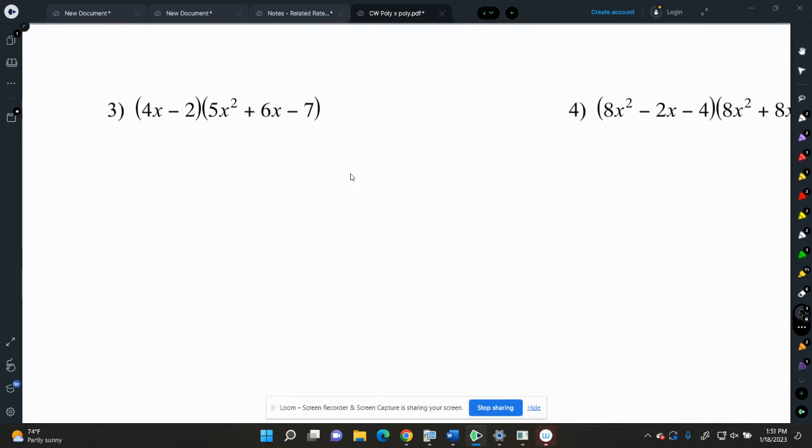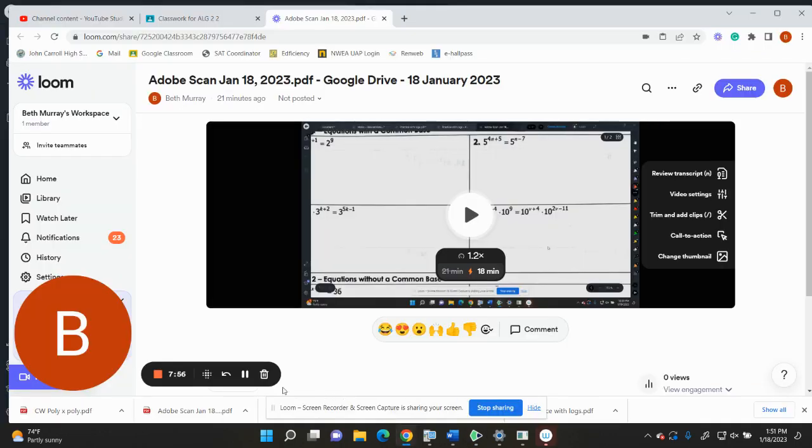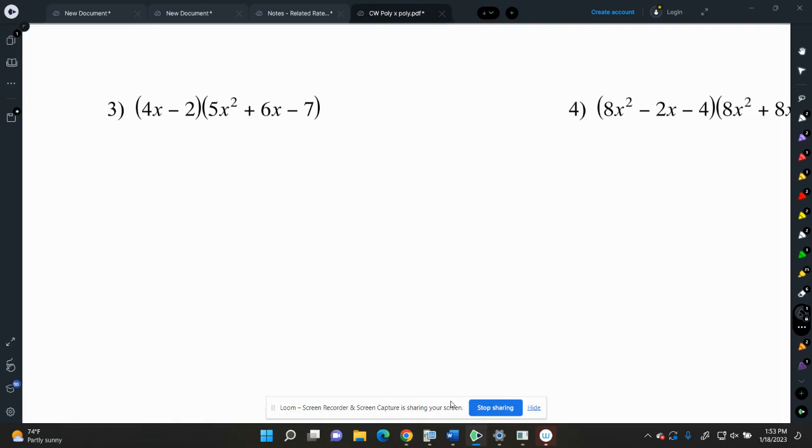Go ahead and do number 3, and then we'll do it together. So how do we start this? Distributing. Distributing what? 4x to the other part.